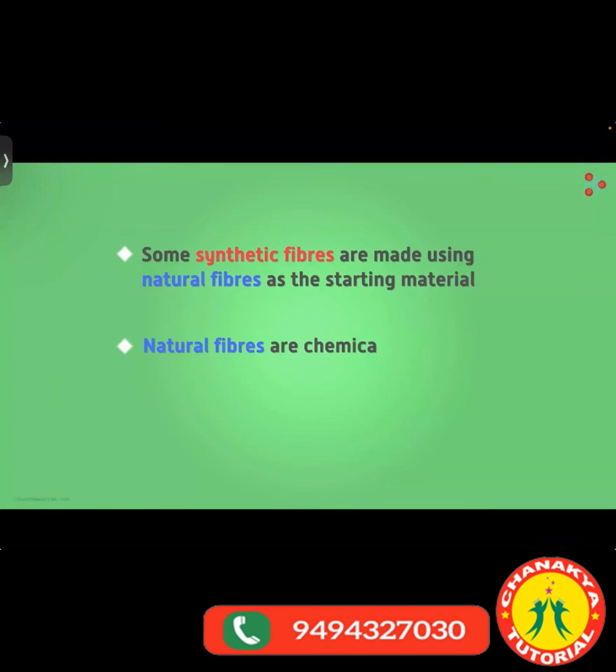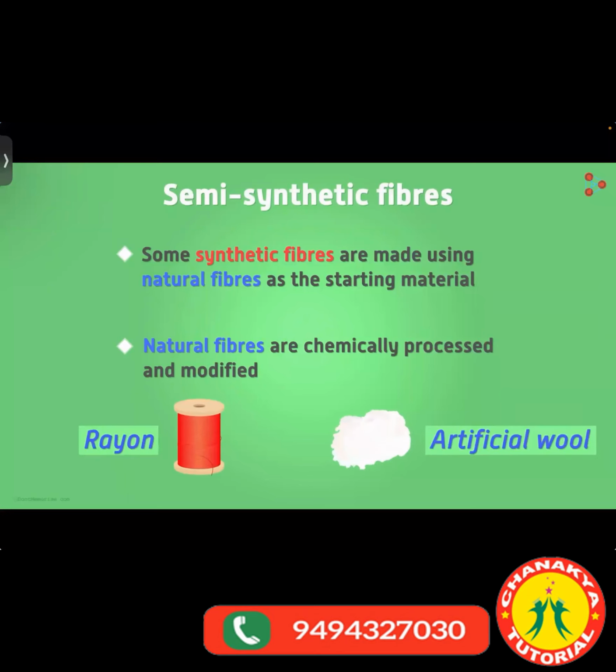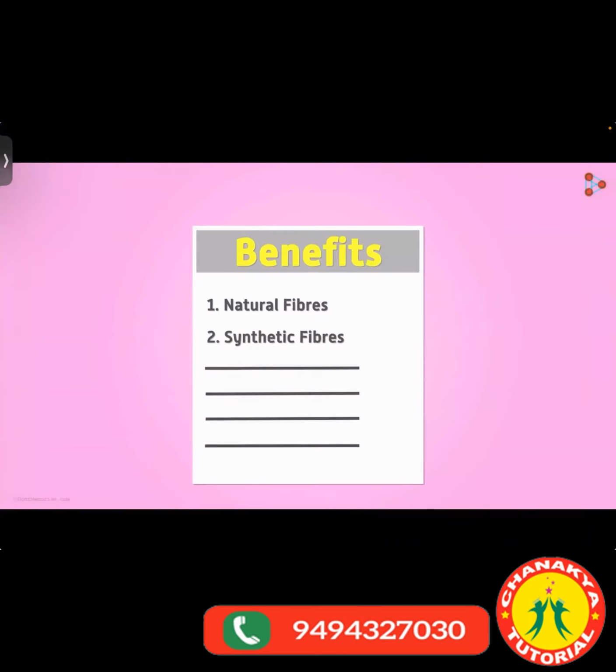Natural fibers are chemically processed and modified significantly to gain another category of fibers. These are called semi-synthetic fibers. Rayon, artificial wool are a couple of examples of this category. However, natural fibers still top the chart, especially in the garment industry, for its various benefits over synthetic fibers. Next, let's get to know about a few natural fibers and then understand the process of weaving yarn to obtain fabric.